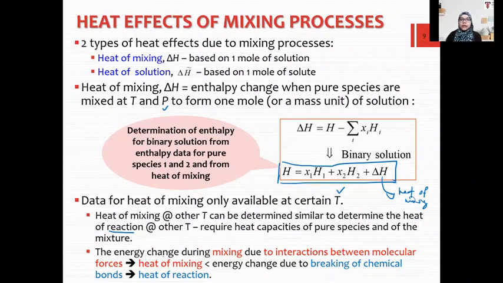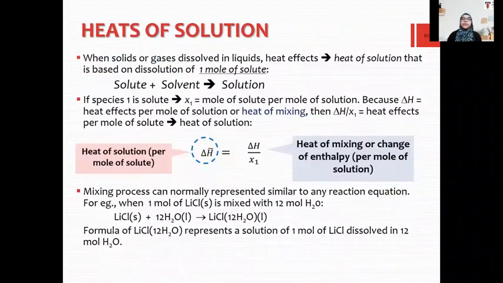The energy change during mixing due to the interaction between molecular forces is known as heat of mixing. Heat of mixing is less than the energy change due to the breaking of chemical bonds. The breaking of chemical bonds is known as the heat of reaction.